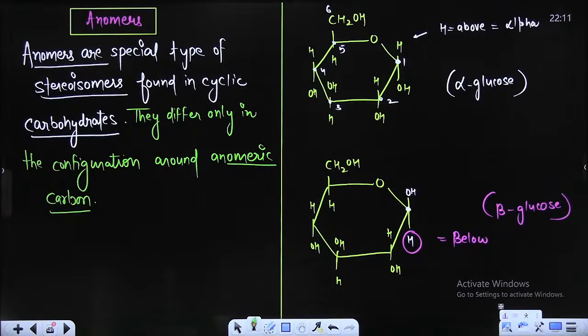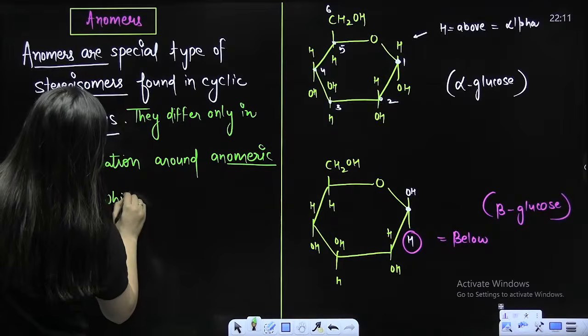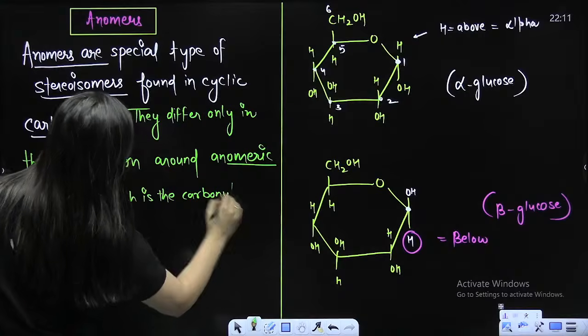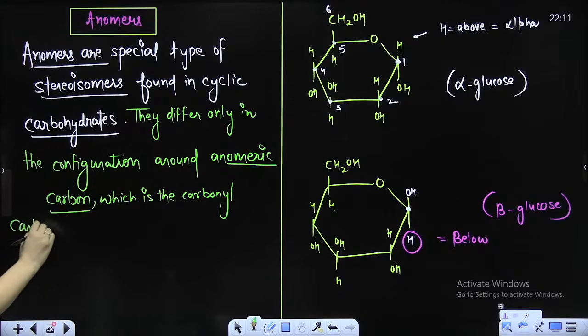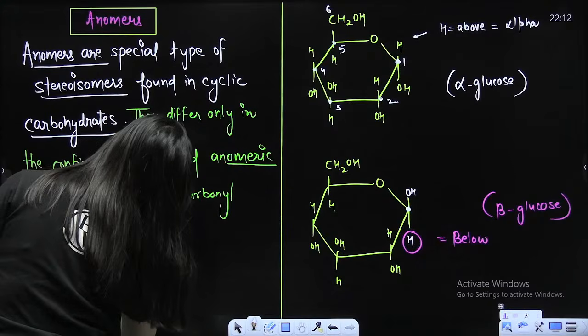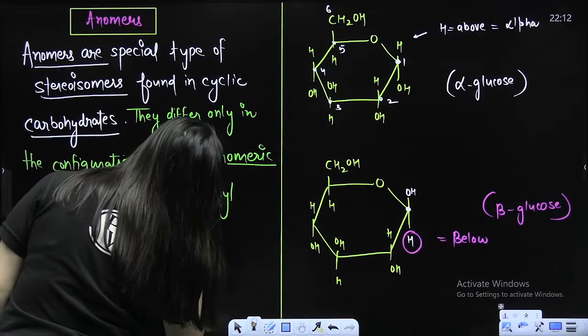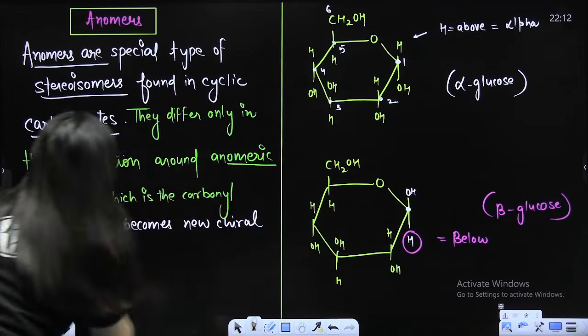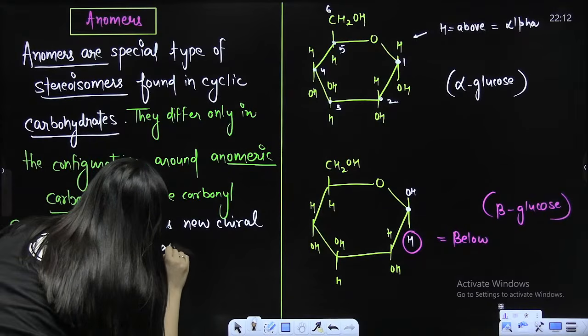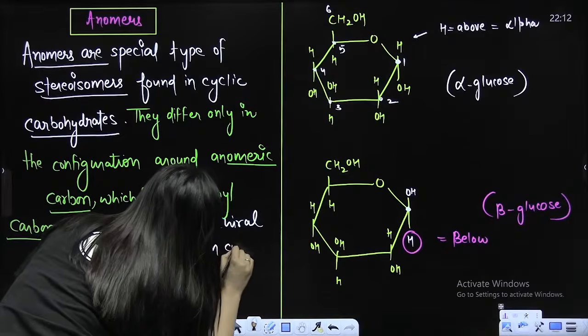This anomeric carbon is the carbonyl carbon, and now I think you are not going to make a mistake here. Carbonyl is that C double bond O. It is the carbonyl carbon that becomes the new chiral center when sugars form cyclic structures.